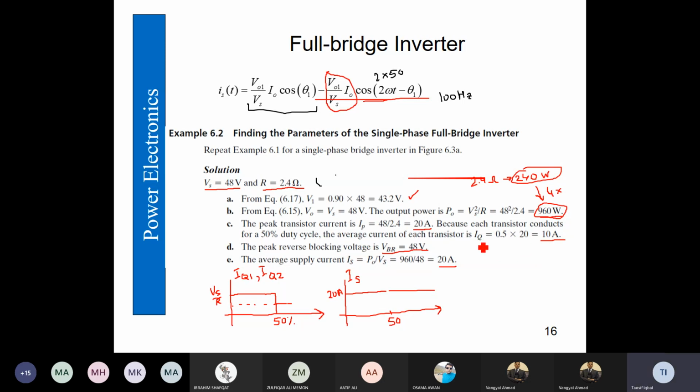In half bridge case, the average transistor current was equal to the average source current, but this is not the case for full bridge inverter. Why?